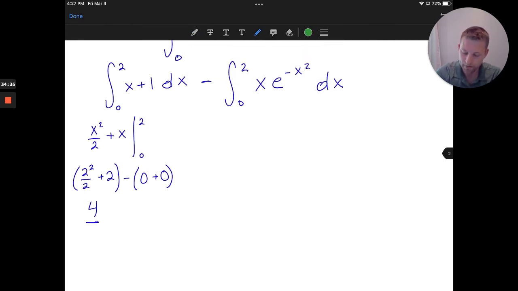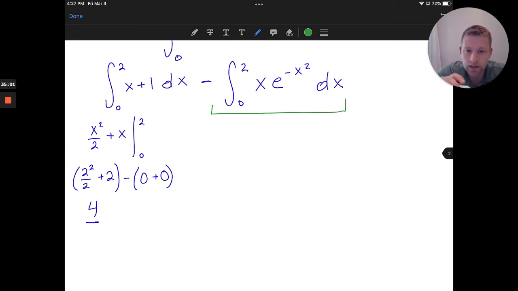So now we're going to focus on this last part of the integral with the x e raised to the negative x squared. Now, notice that this integral is probably going to take, again, one of our special techniques. Let's consider what technique might be helpful here.